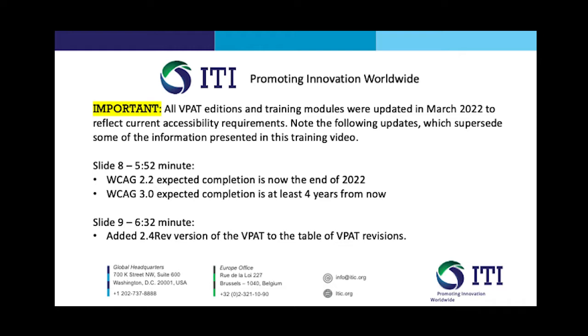WCAG 3 expected completion is at least 4 years from now. On slide 9, at 6 minutes 32 seconds, added 2.4 Rev version of the VPAT to the table of VPAT revisions.